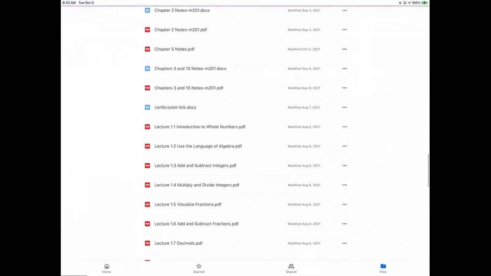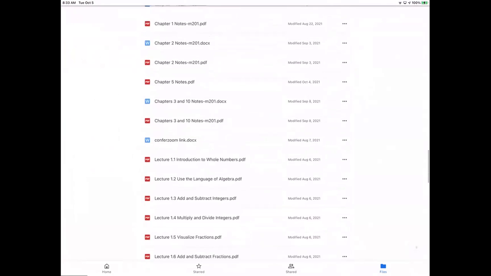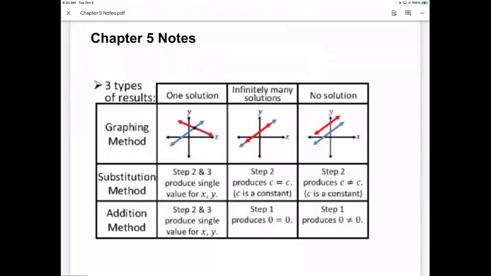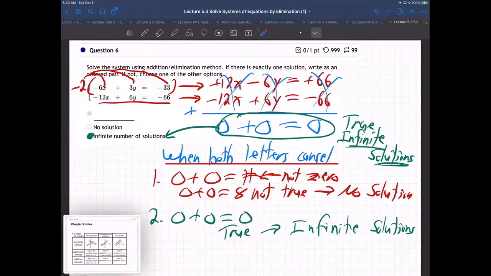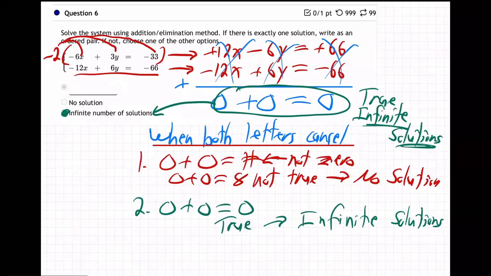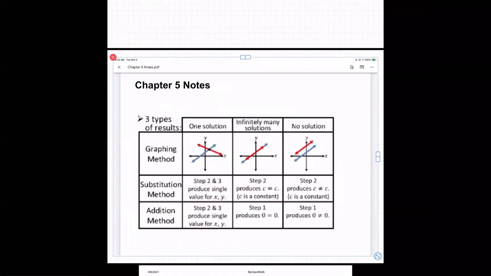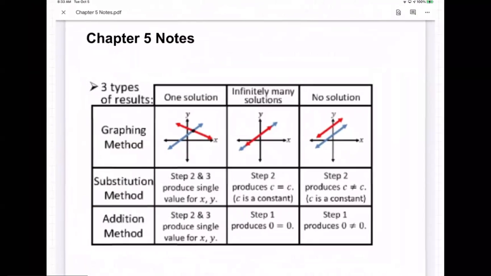Let me go to the notes for you. The chapter 5 notes. There we go. In the chapter 5 notes, I've got a nice little summary table I found that you can use during the exam.